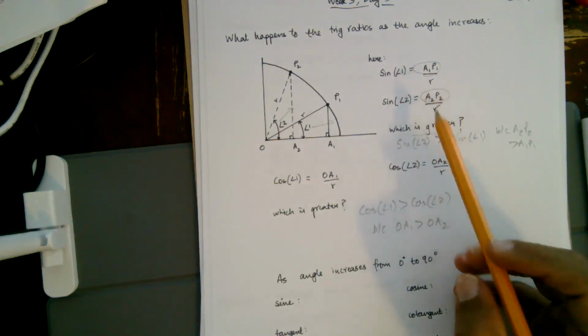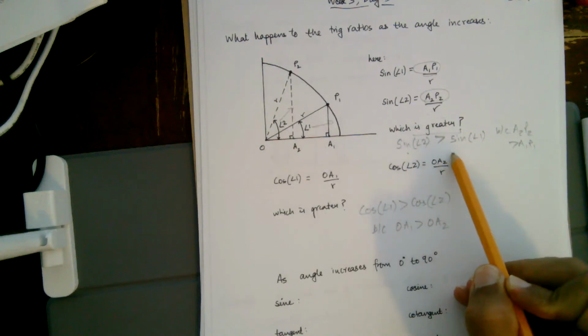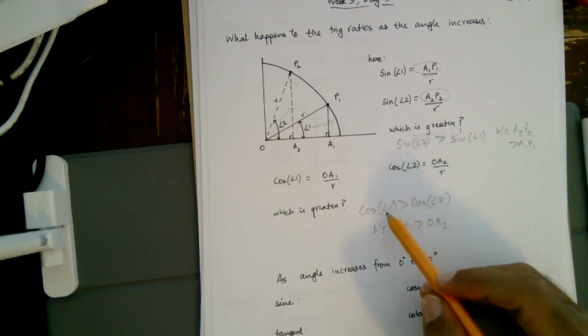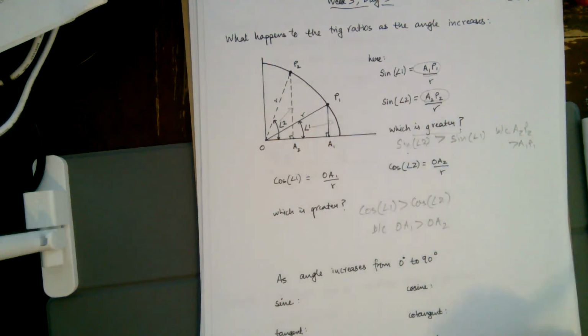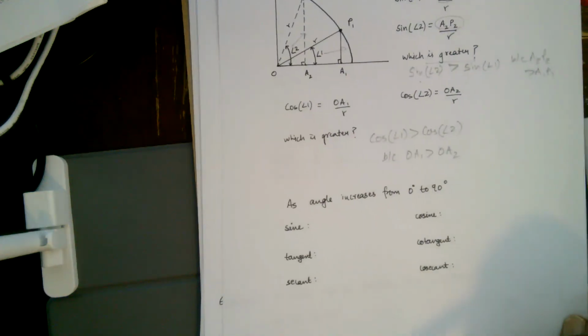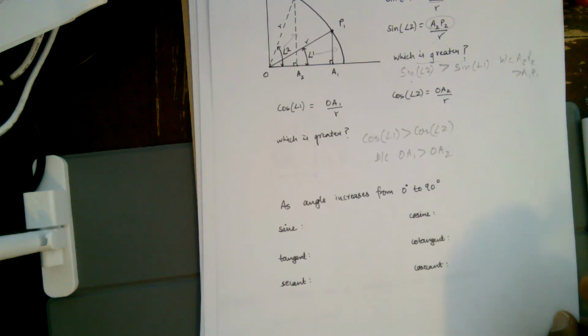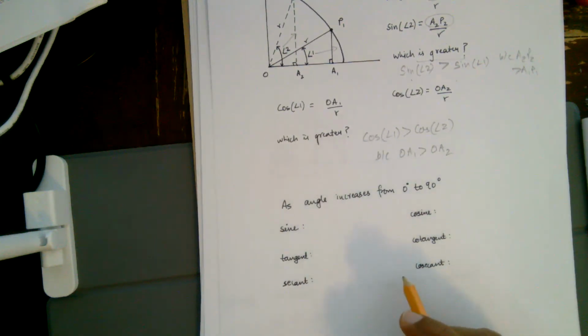As the angle increases, the value of sine increases. But as the angle increases, the value of cosine decreases. So from there, we can draw some conclusion about what happens as the angle increases from 0 to 90 degrees.